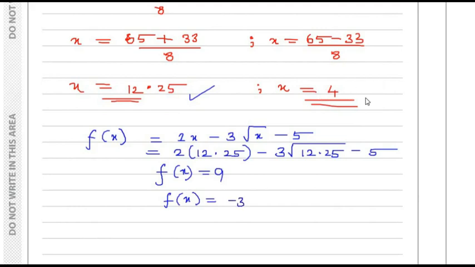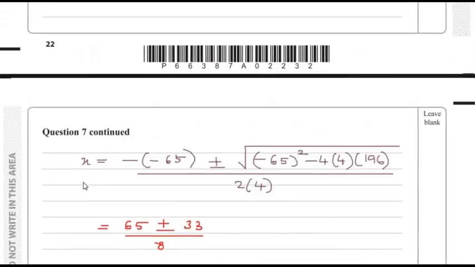Hence x equal to 4 cannot be taken as a solution. So we have just one solution of x here, that is x equal to 12.25, or it can also be kept as 49 over 4. So this is how we solve and get the final value of x for the part A of the question.